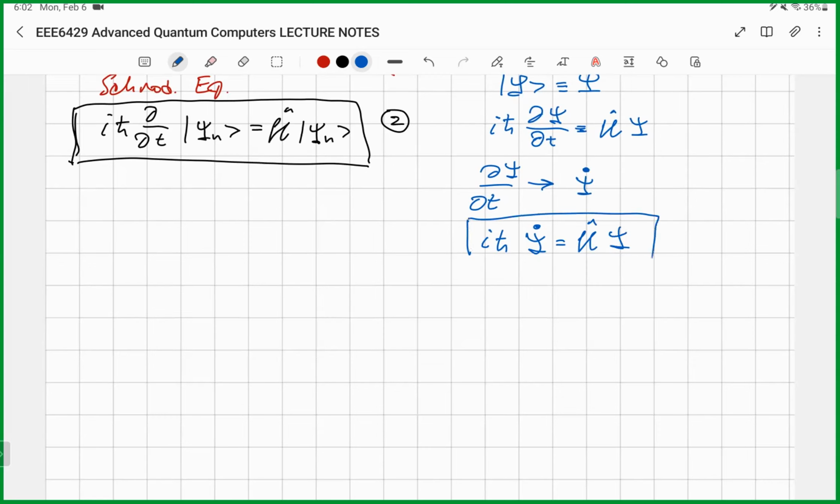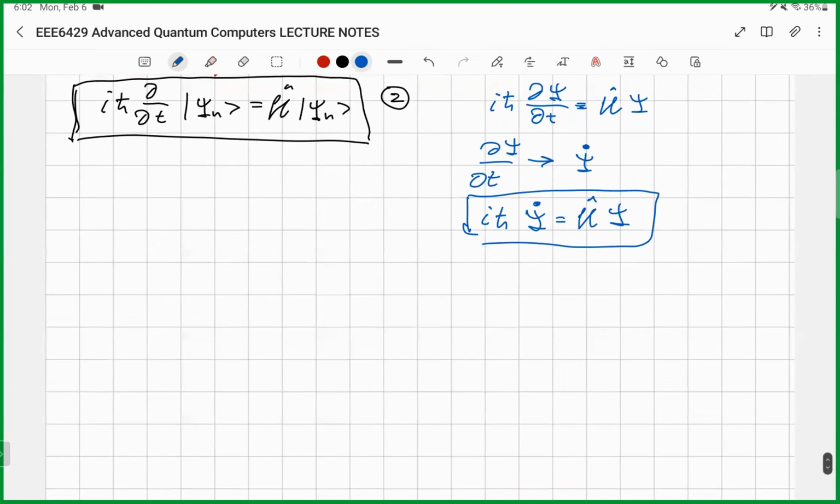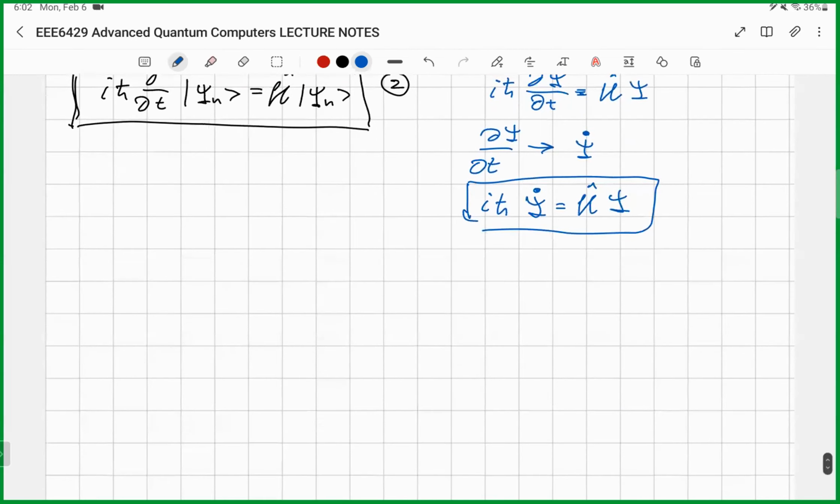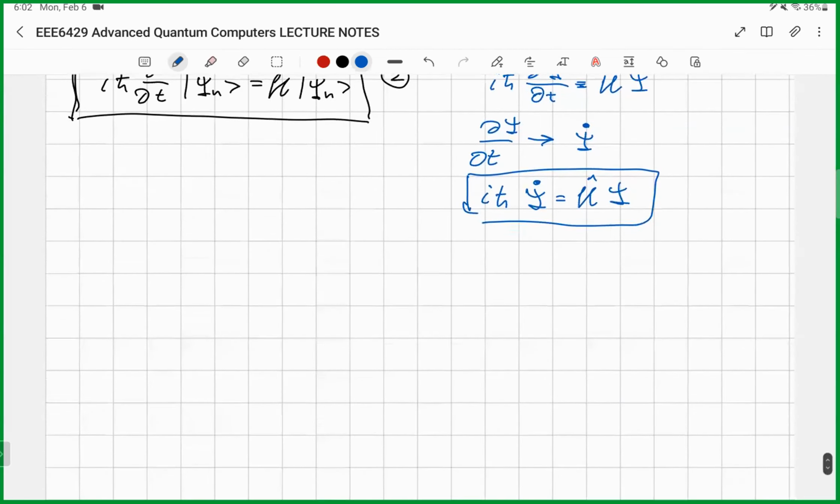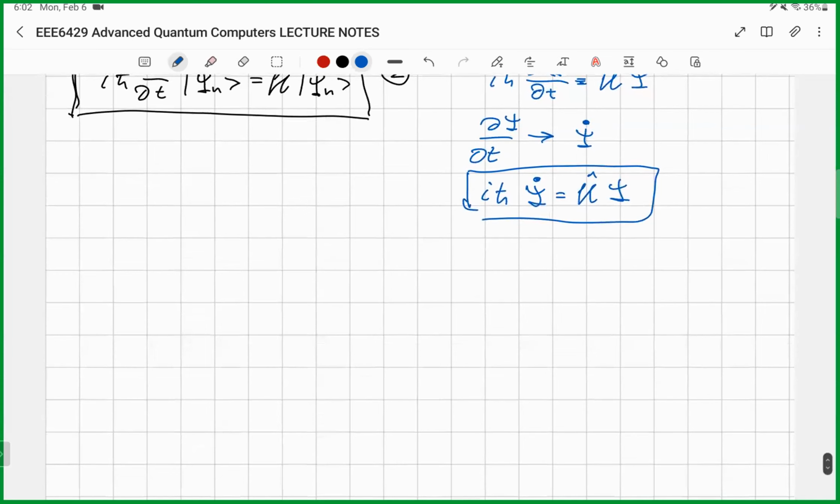So this is the Newtonian notation for the derivative, and this is just a different representation of the same formula, of this Schrodinger equation.